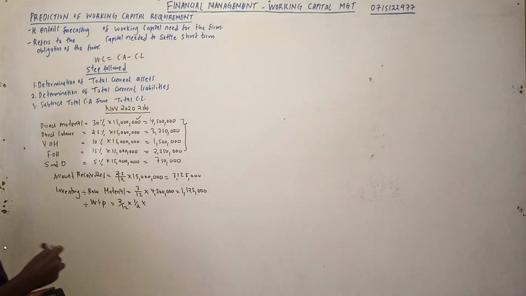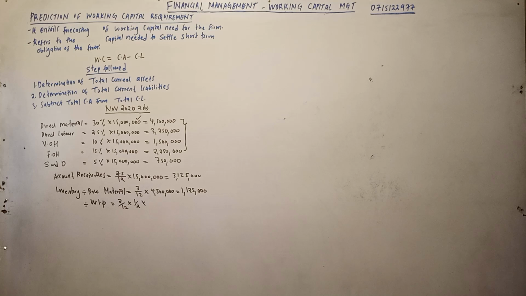Let us add them together. 4,500,000 plus 3,750,000 plus 1,500,000 plus 2,250,000.